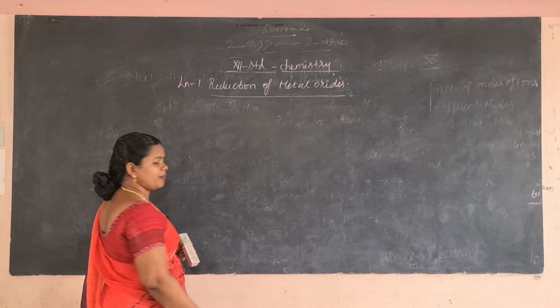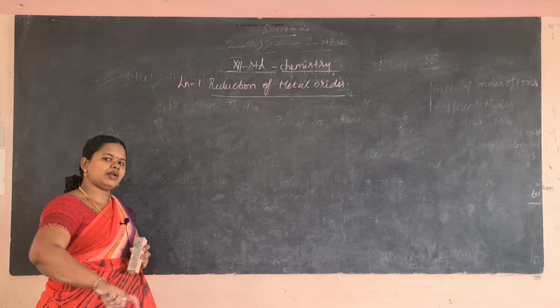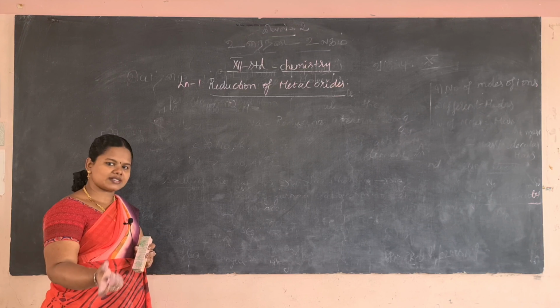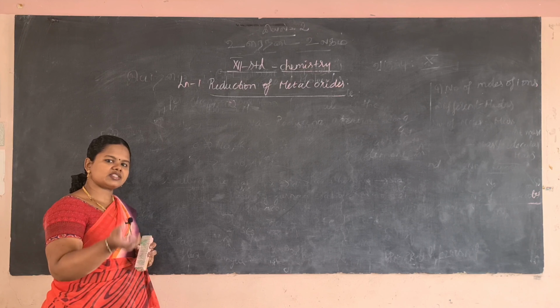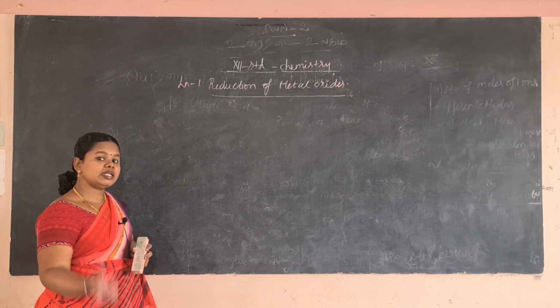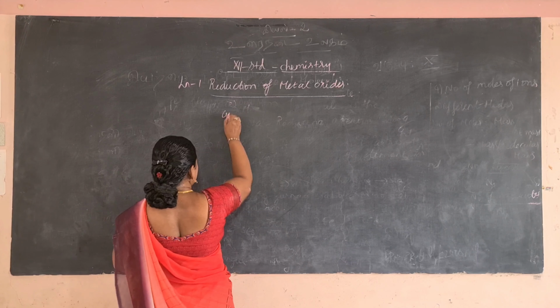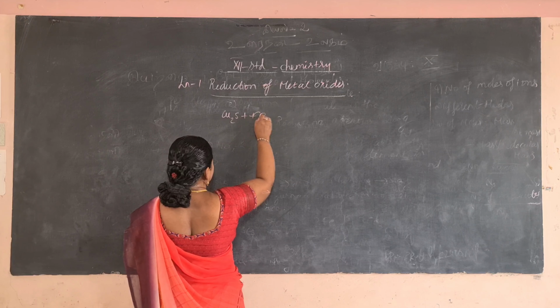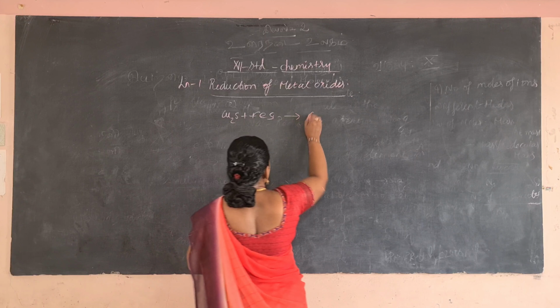Here the iron sulfide will be converted to iron oxide, and then iron oxide reacts with silicon dioxide to form slag. Then the insoluble copper sulfide and iron sulfide will form what? The copper matte.